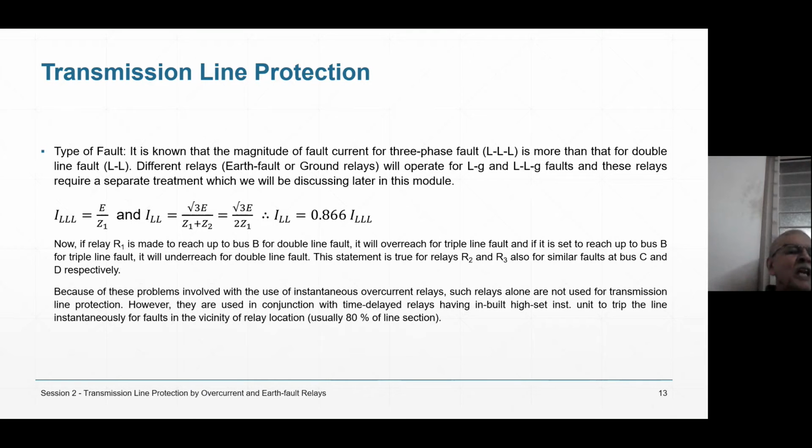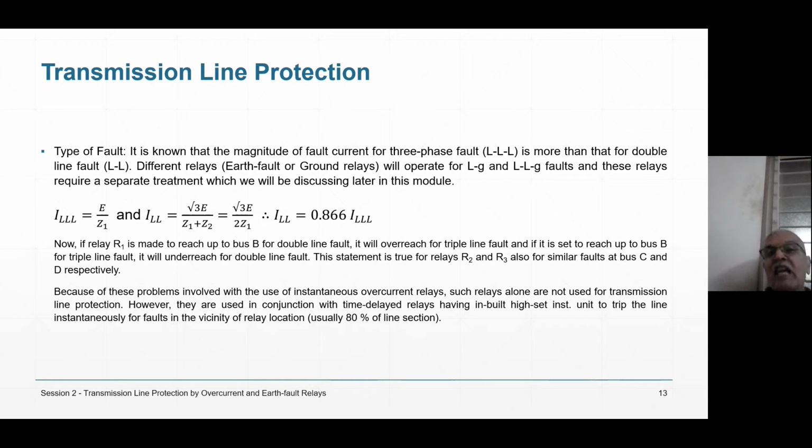Instantaneous overcurrent relays can be used in conjunction with time delayed overcurrent relays, but the instantaneous overcurrent relay will protect only 80% of the line section for triple line fault at that point with maximum generation. Otherwise, you will be tripping a healthy section unnecessarily.